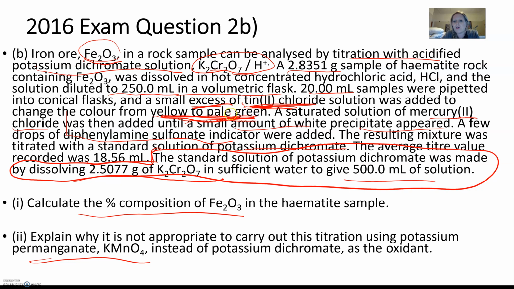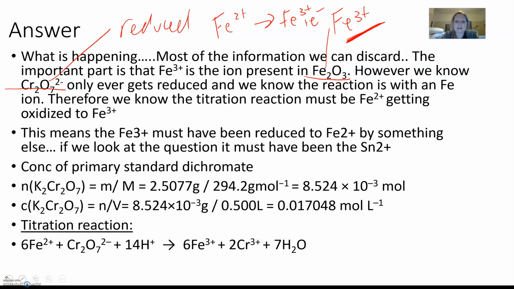All you need to know is that all of the Fe3+ that was in our sample got converted to Fe2+ by tin, and we know all of it reacted because the tin was in excess. So now we've got Fe2+, and then the rest of this stuff is just trying to be confusing, and we titrate with dichromate. And so it's the Fe2+ and the dichromate, Cr2O7 2-, that are reacting. So I hope that makes sense.